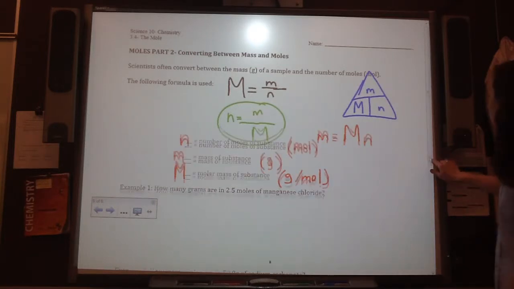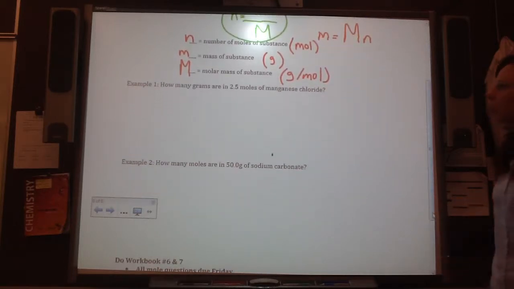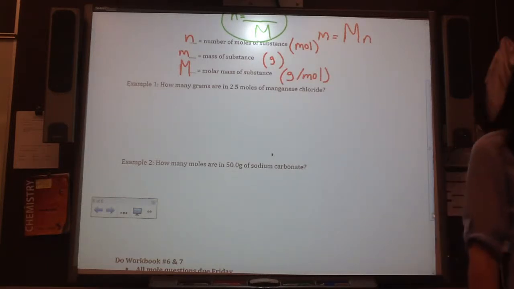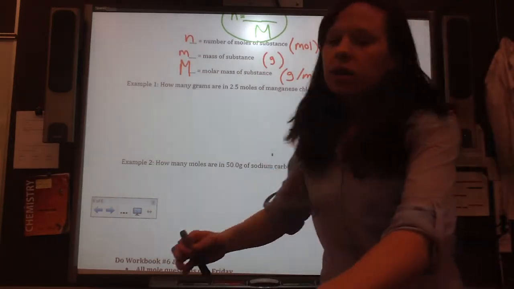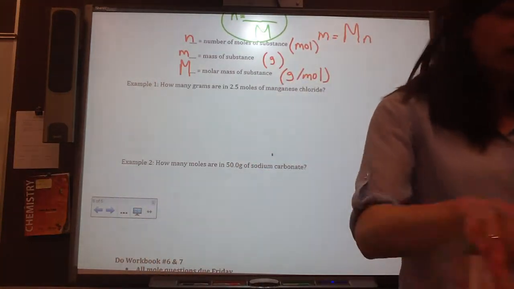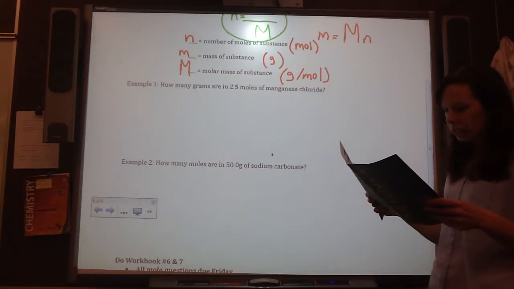Okay, so how do we use this? This is an example. How many grams are in 2.5 moles of manganese chloride? First step, write out what you're dealing with. So let's find manganese on our periodic table. It's not magnesium, it's manganese.